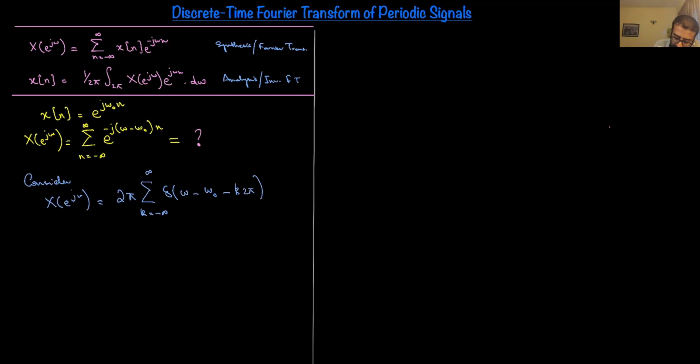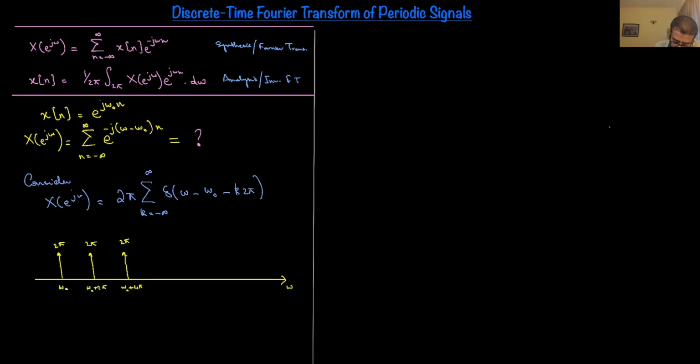In other words, if I were to sketch this Fourier transform in the frequency domain, this is the x-axis, which is the frequency. There's an impulse residing at omega naught, and then another impulse at omega naught plus 2 pi, and another at omega naught plus 4 pi, and the height of each of these impulses is 2 pi, and so on.